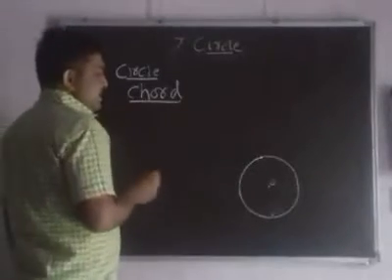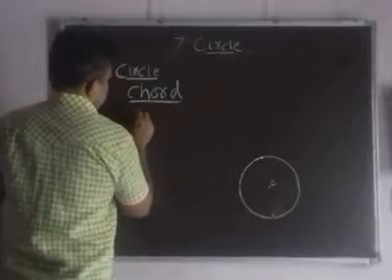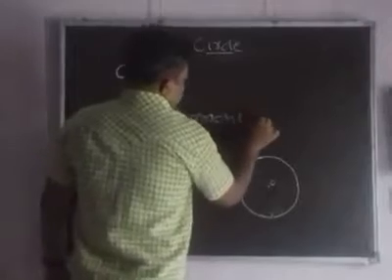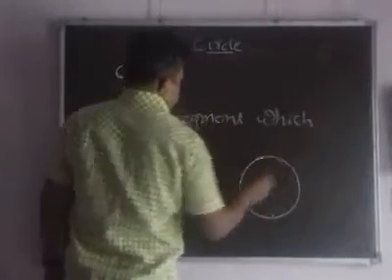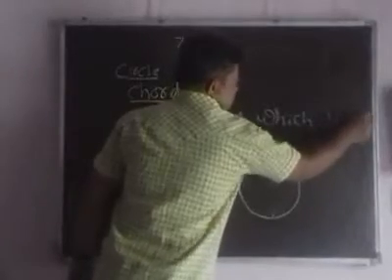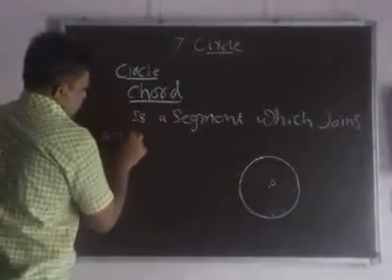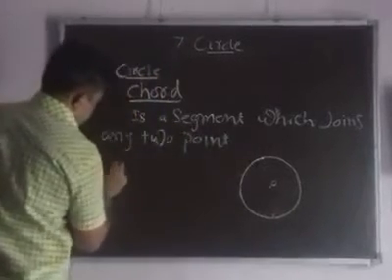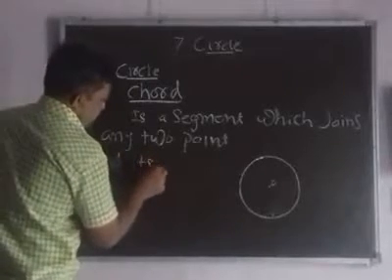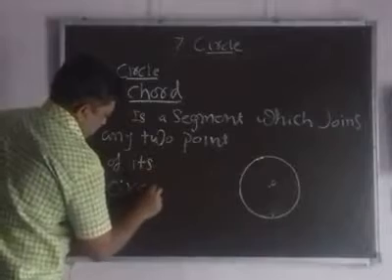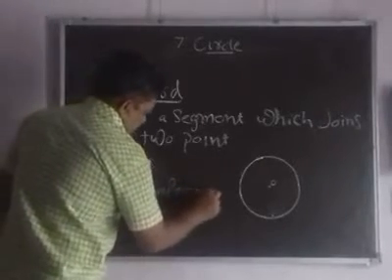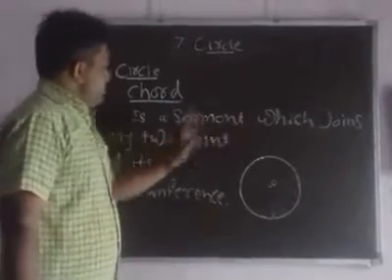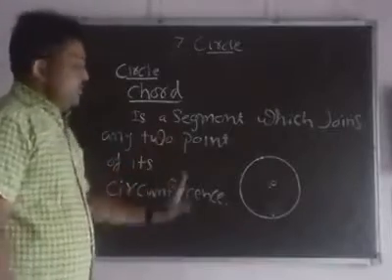Chord is a segment which joins any 2 points of its circumference. It is a segment which joins any 2 points of its circumference.